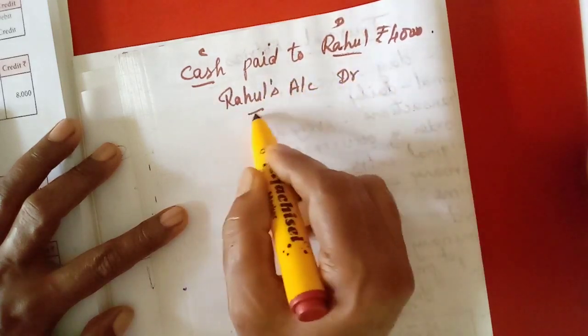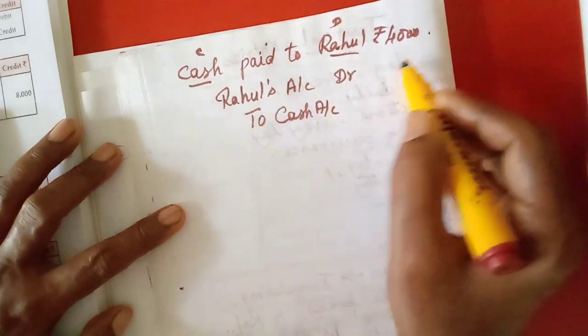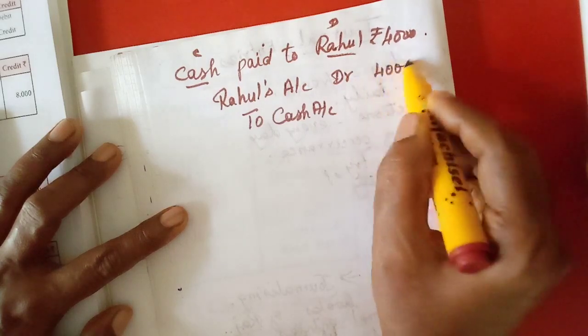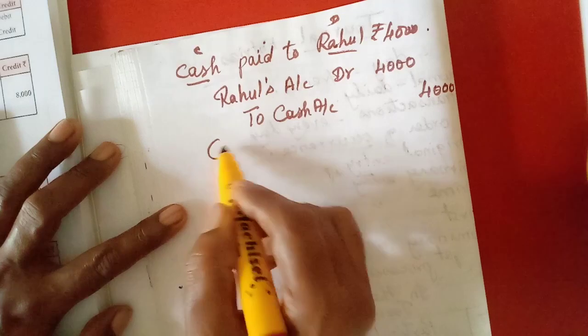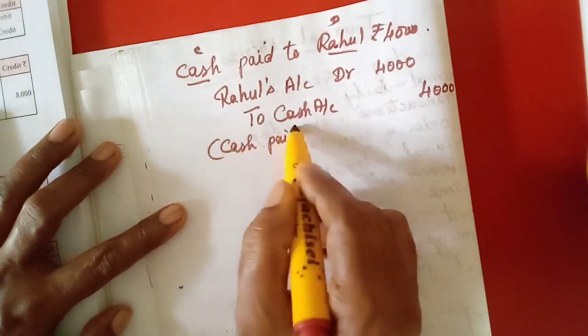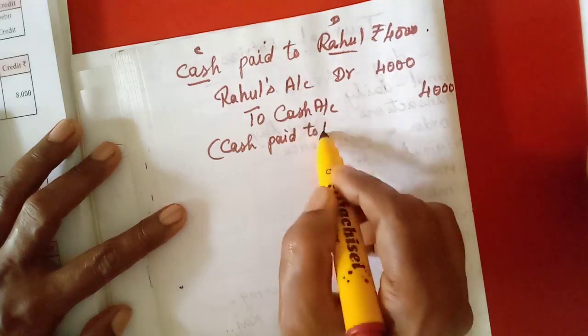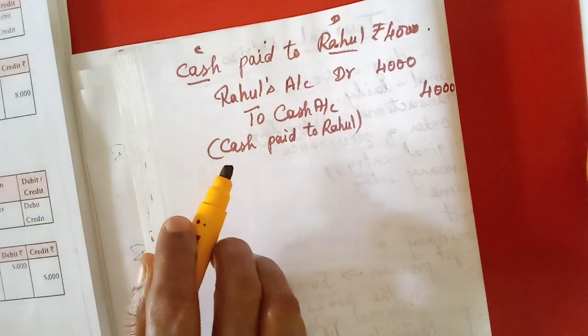Okay, Rahul's account debtor to cash account. Amount 4,000. Okay, then cash paid to Rahul. Cash paid to Rahul we can write. Okay, then next one.